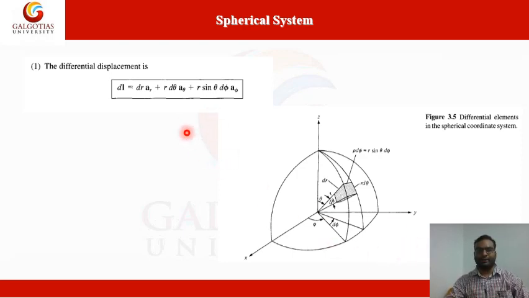Like r d theta, because this theta is an angle made by the z axis and the distance r between them, as theta moves in this clockwise direction, r is also moved, so we can take it as r d theta.